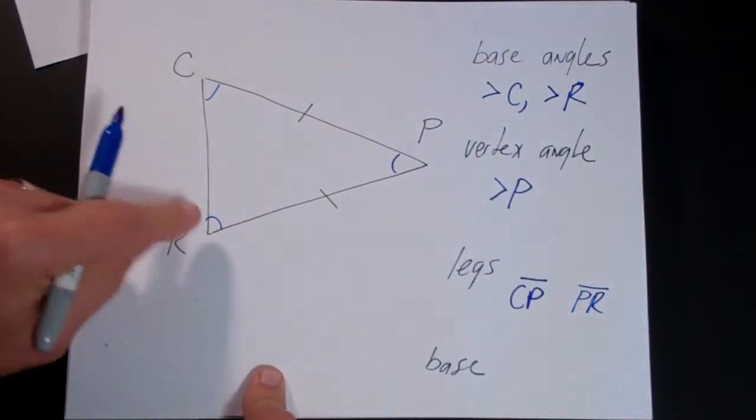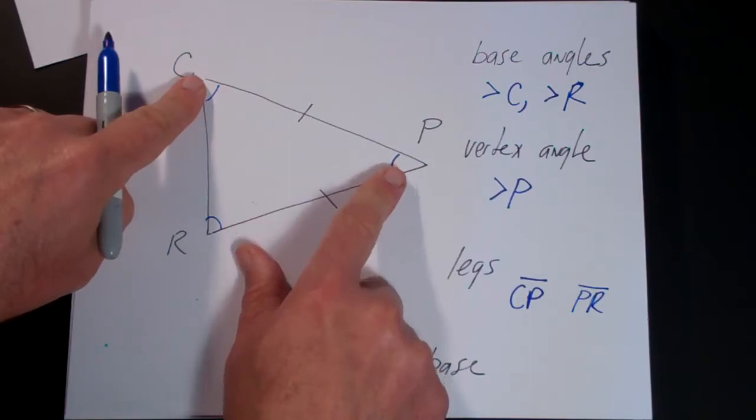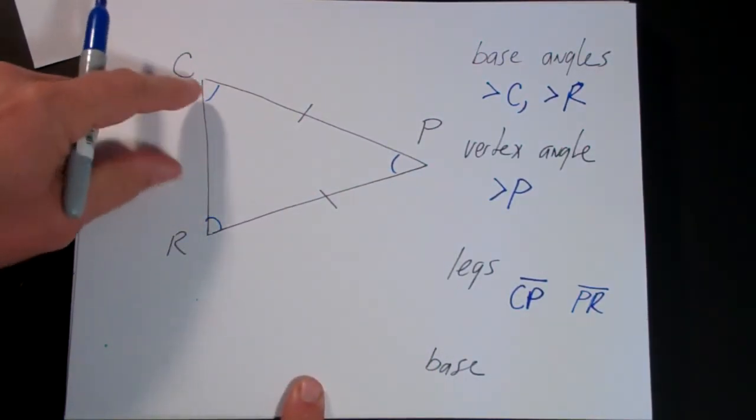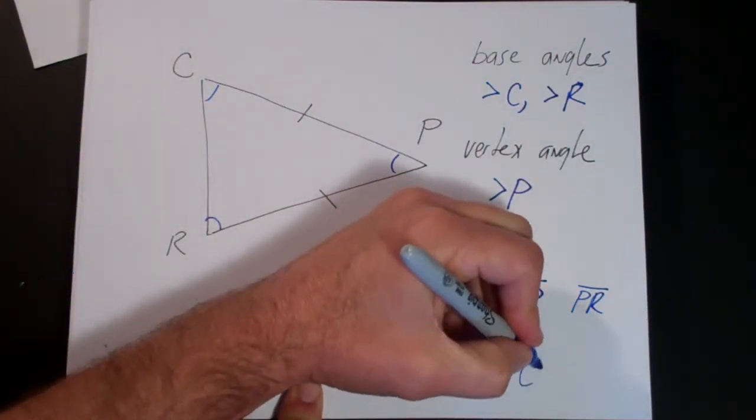Remember, when you're writing this, it doesn't matter the order. You could have just as easily said PC instead of CP. And the base is the side that's not necessarily equal. If these are the legs, then this is going to be the base, so that's CR.